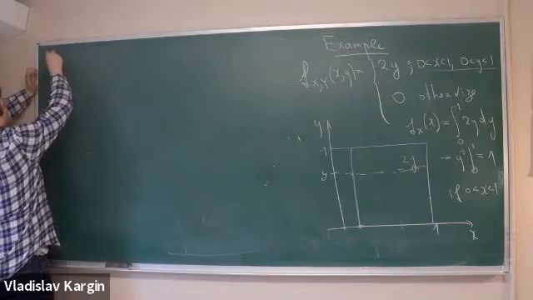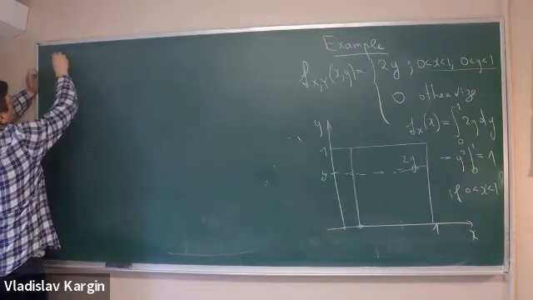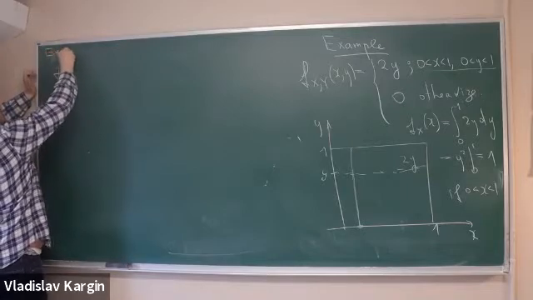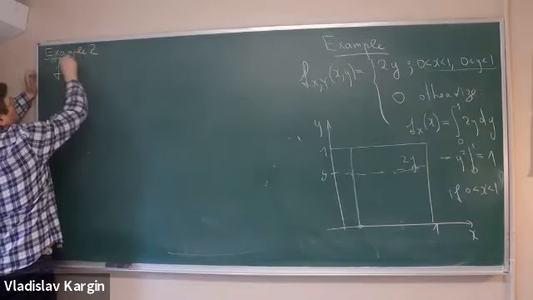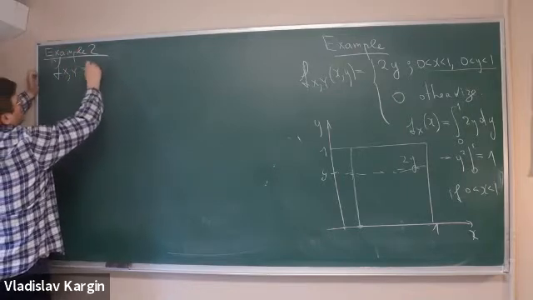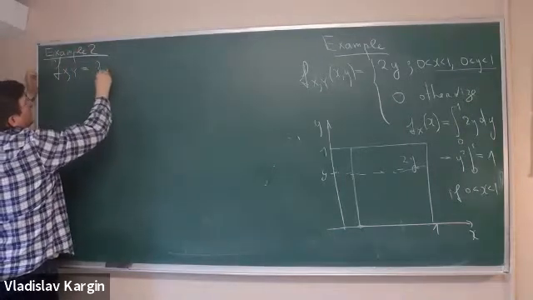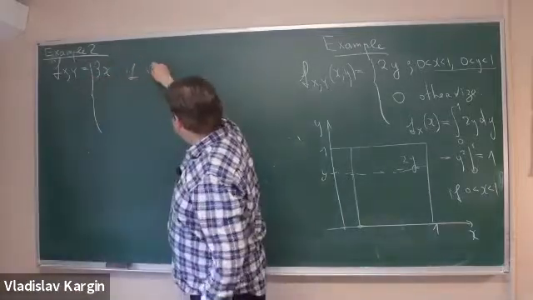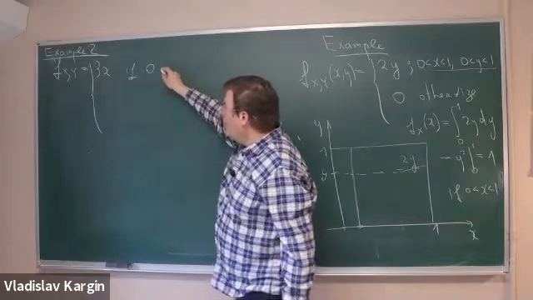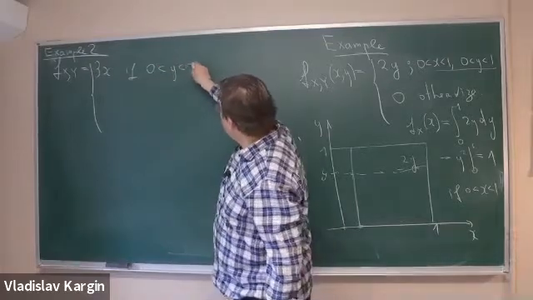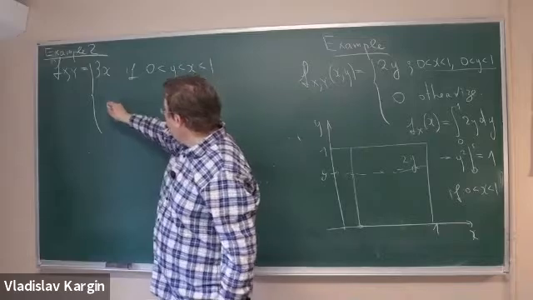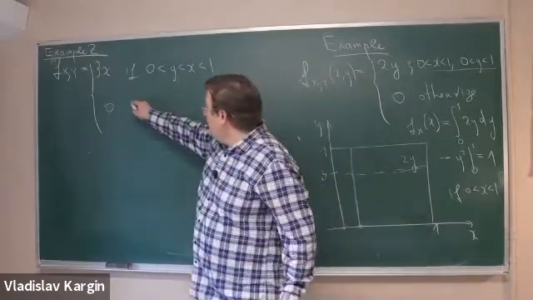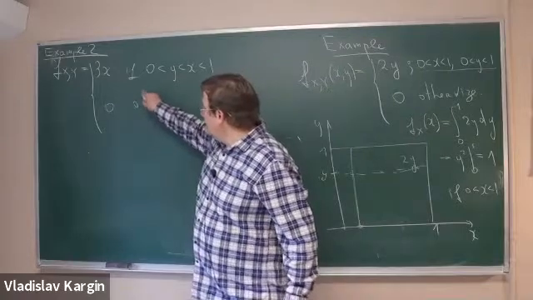Example 2. f of x y is equal to 3x if 0 is smaller than y, smaller than x, smaller than 1, and 0 otherwise.